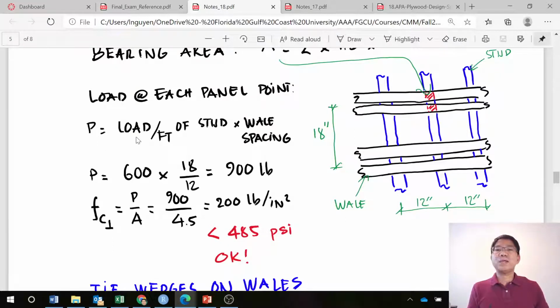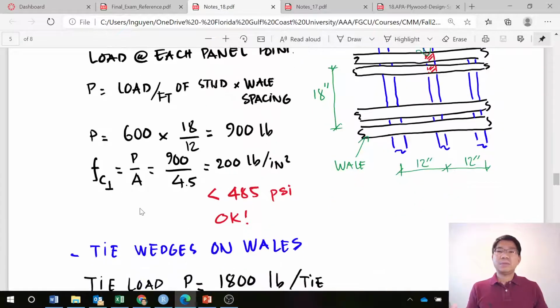From that we can determine the load for each panel point, the red highlight there. So the load per foot of stud, stud vertical, and then wall spacing, similar to problem 3 of the previous lesson. We have 600 pounds per foot for the stud load, and the wall spacing is 18 inches. With unit conversion, we have 900 pounds.